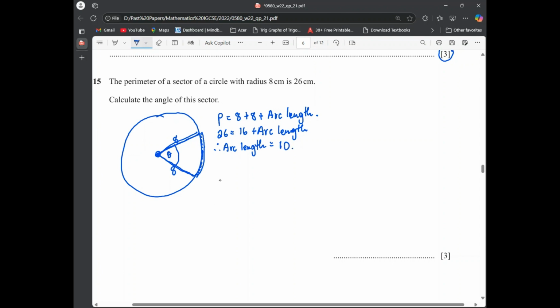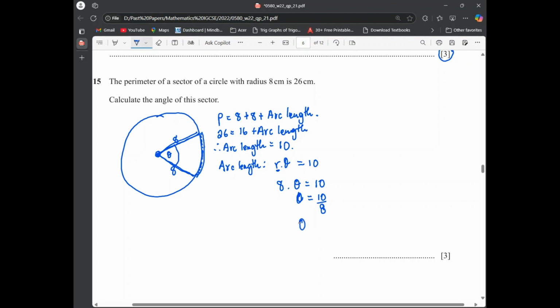Now, to calculate the arc length, we know that the equation for finding arc length in radians is given as arc length equals r times theta, and in this case it's equal to 10. The radius we are given is 8, multiplied by theta, and that is equal to 10. So the angle theta is equal to 10 over 8.